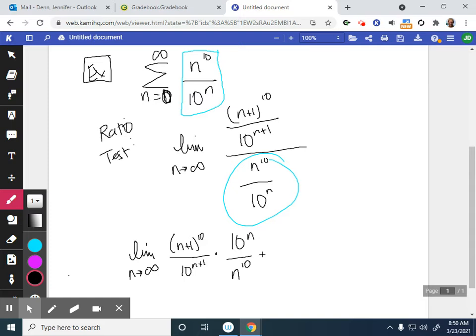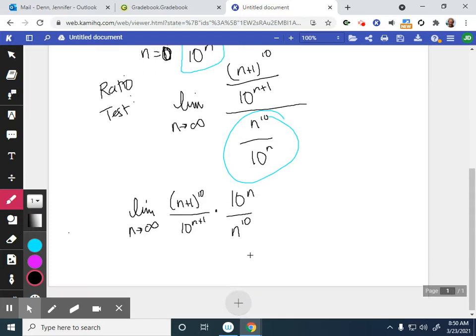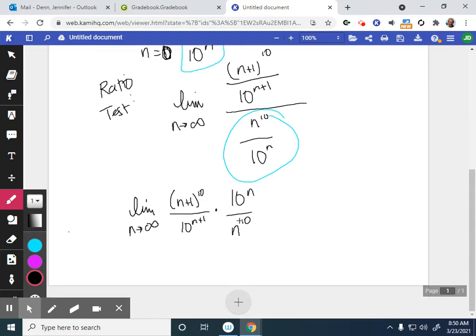Now, to find this limit, my strategy is to stack common things over common things. What I mean by that is, right now it looks a little bit crazy with all this all over the place. 10 to the n and 10 to the n plus 1 are going to reduce well with each other. I want to look at them over each other. And n plus 1 to the 10th over n to the 10th would also compare well with each other. So I'm going to rewrite this.